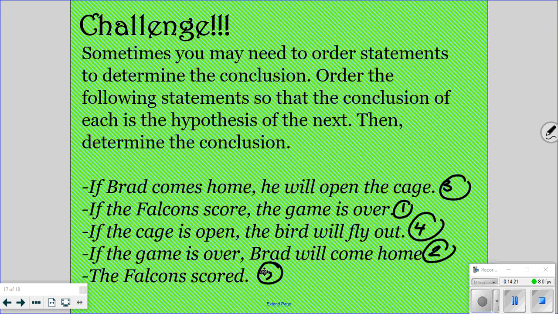So, or that's what it tells us at the end. So our conclusion, if the game is over, he comes home, he will open the door to the cage, and then if the cage is open, the bird will fly out. So since the Falcons scored, the conclusion is the bird flew out. So that would be your conclusion for the challenge question.